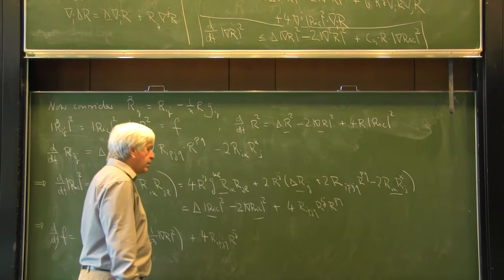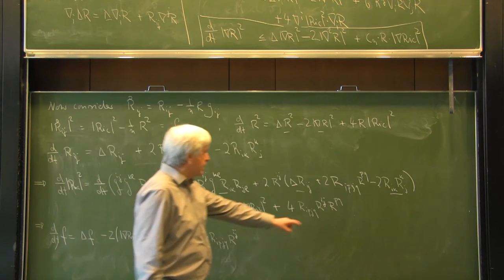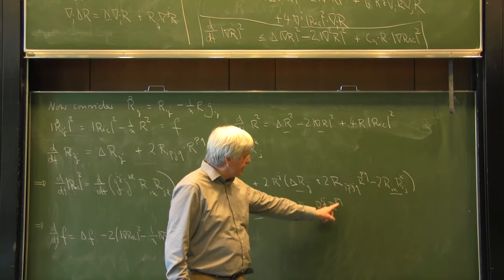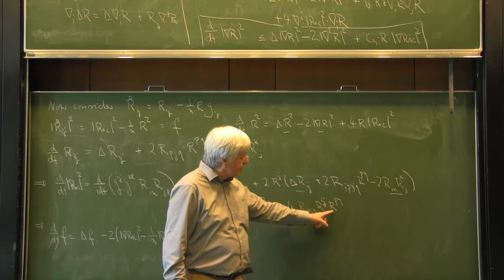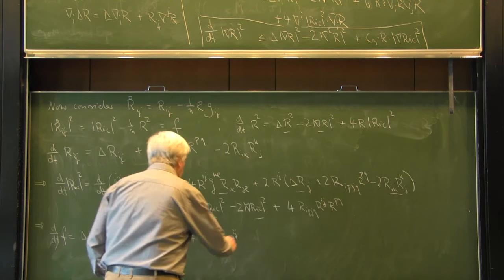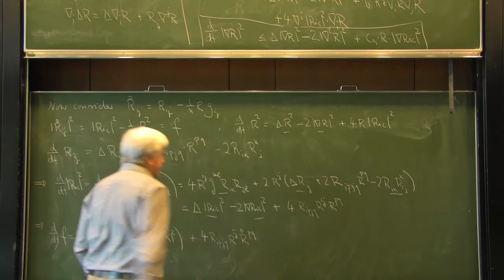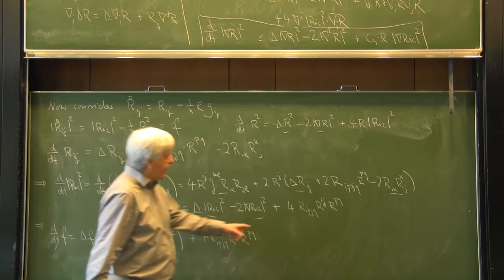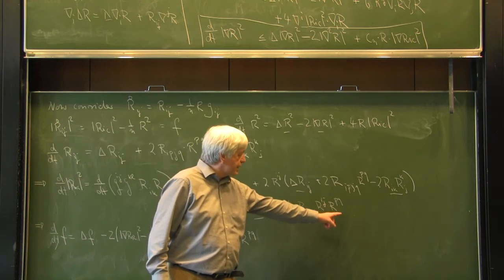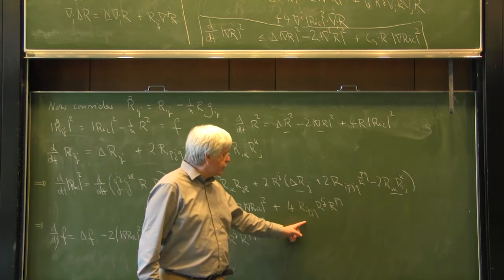This is exactly what happens if you decompose R_pq into the trace-free part, R^0_pq, and what you have left is 1 over n times R times the trace in p and q.